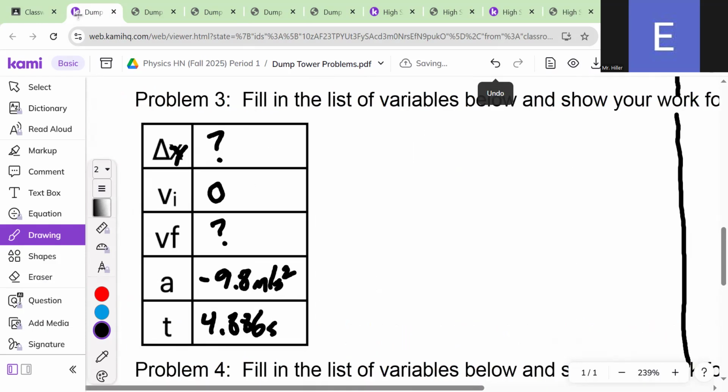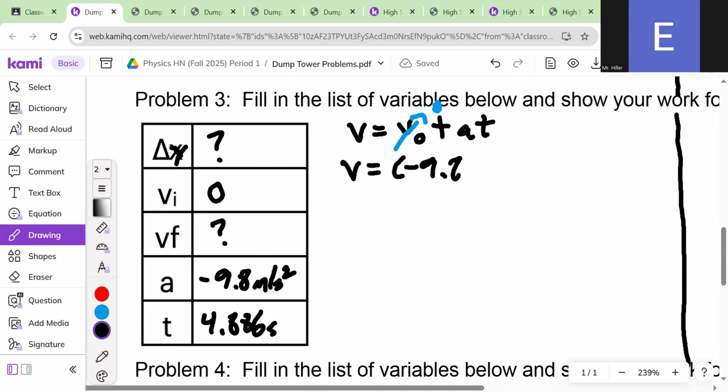Let's see, what can we solve for first? Well, how about this? I like this grouping of variables here. What if we solve for final velocity first? Because if we do that, we can use equation number 8. V equals V naught plus A times T. V naught is 0, and V would be negative 9.8 times 4.886.